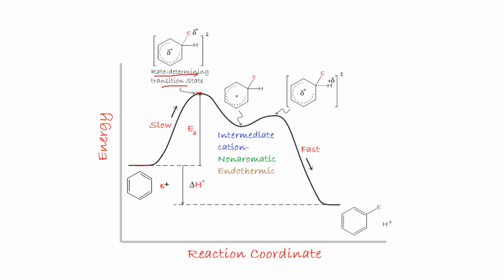Then forming the sigma complex, which is still higher in energy than the starting material since it's non-aromatic, and then losing the hydrogen to form the second transition state, and then the product. So it's two steps, addition and elimination, and the net for that is what we call a substitution reaction.